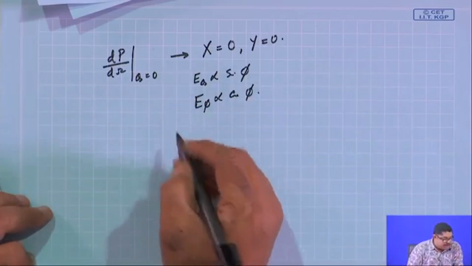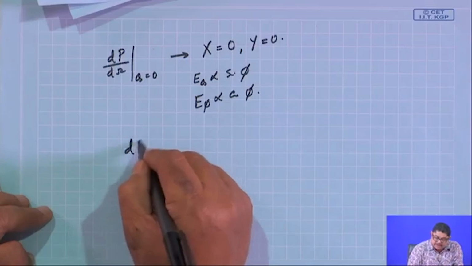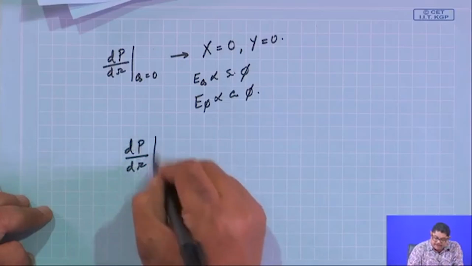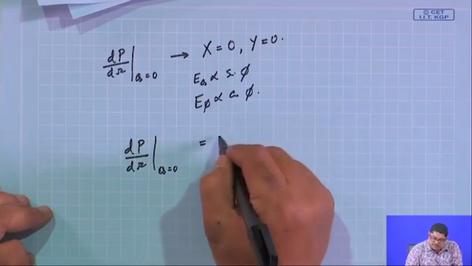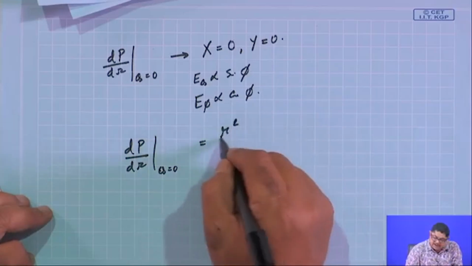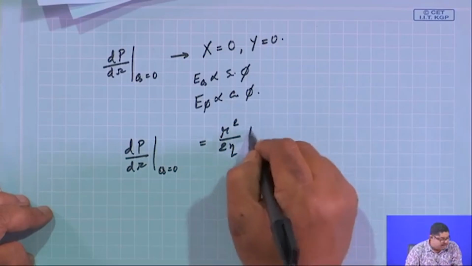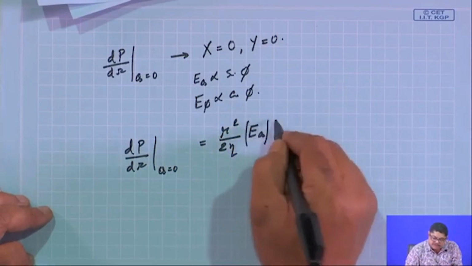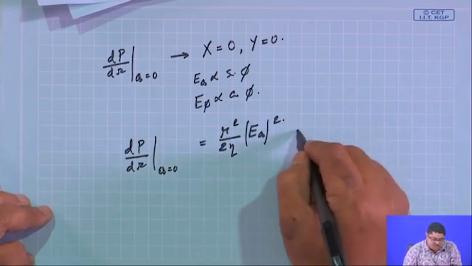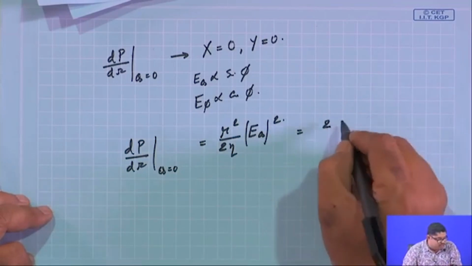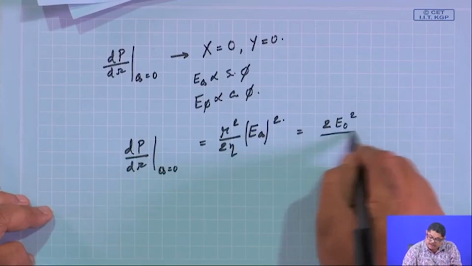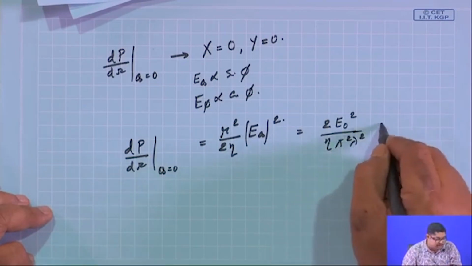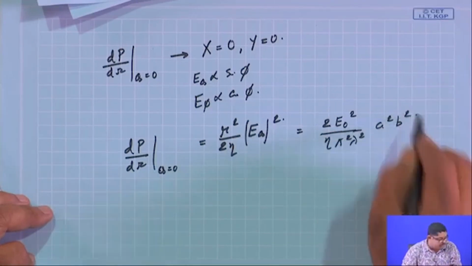So you can write that dP d omega at theta 0 will give you r square by 2 eta E theta square. If you do that, it becomes 2 E naught square by eta pi square lambda square a square b square.